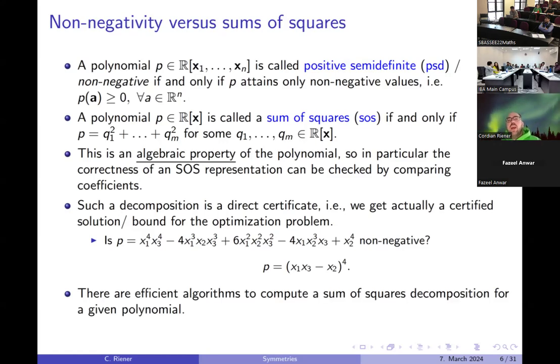So whenever I have a polynomial, I could ask myself, is there these Q1s to Qms that actually have this property? And it turns out, yes, there is an algorithm to do that. There's an algorithm for almost everything, but it's an algorithm that I actually can use that works pretty well in a lot of instances, and that's maybe much better than just calculating all the local minima.